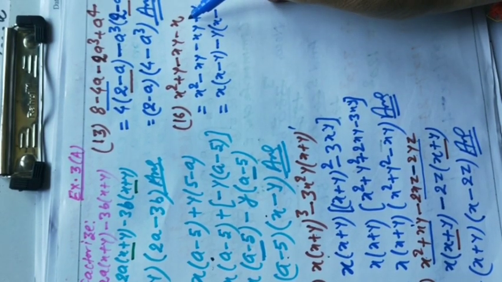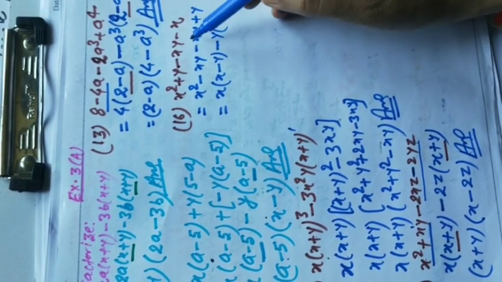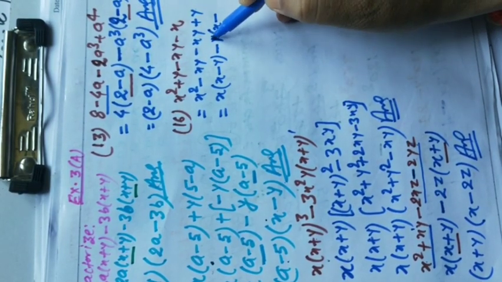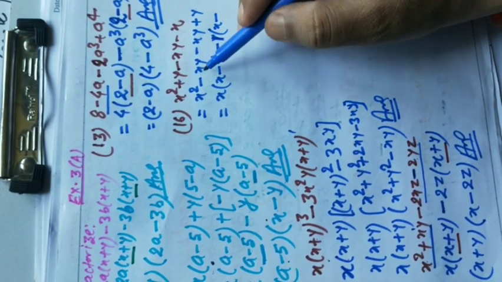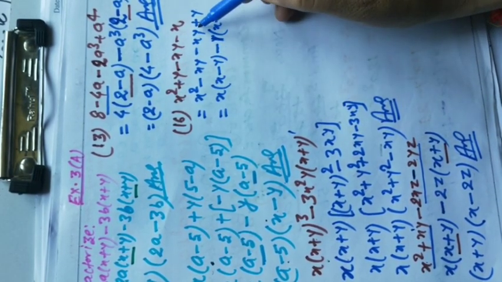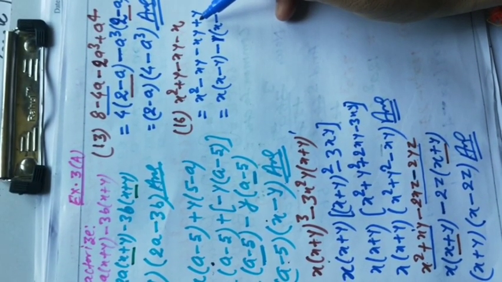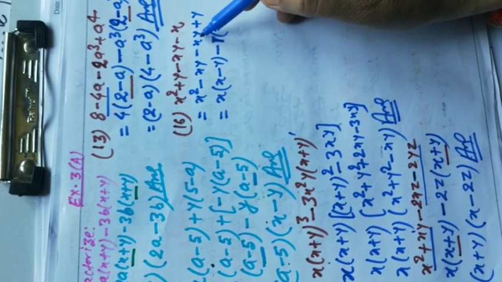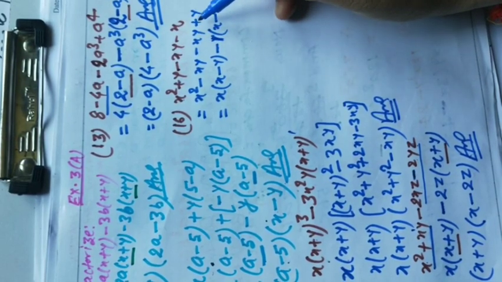x square plus y minus xy minus x. So we have written x square. Nothing is common in x square and xy, but y is common. x square, x is common, so x minus y, and y is common, so y minus xy, plus y, minus x.